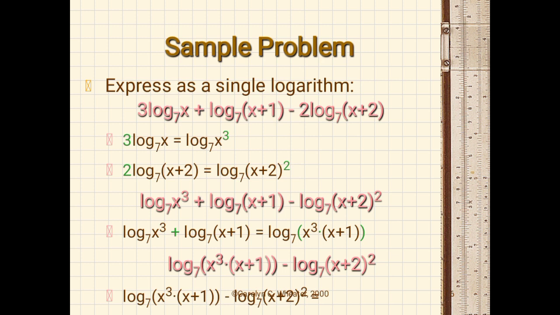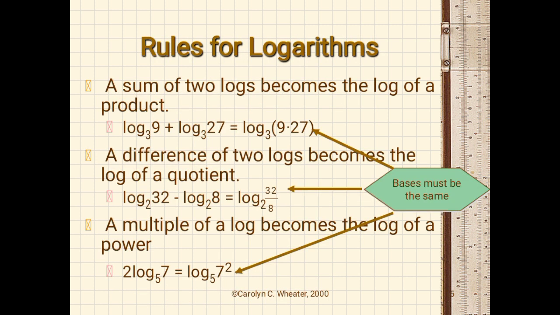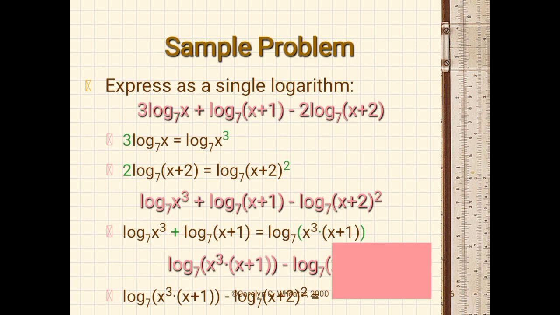So, that is a multiplication. Now, a difference. Log base 7 of the quantity x to the power of 3 times x plus 1 minus log base 7 of the quantity x plus 2 raised to the power of 2.